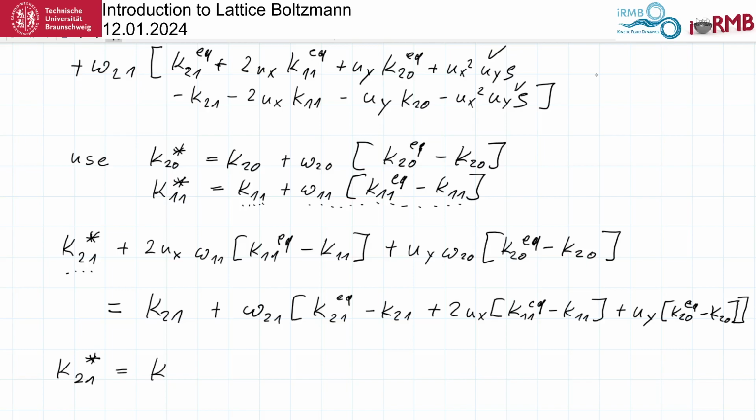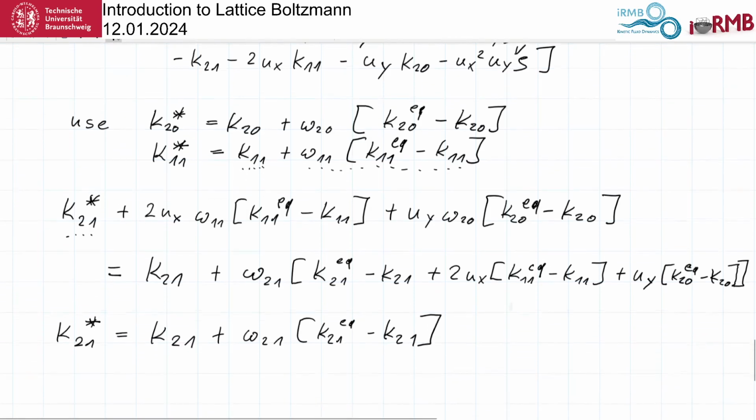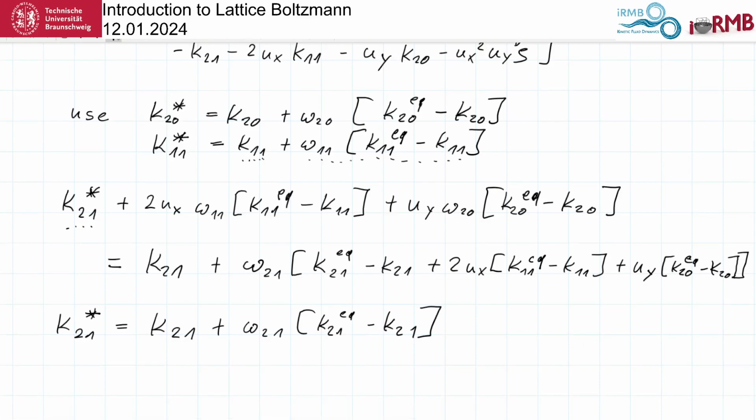We see this can be written now as k 2,1 plus omega 2,1 times k 2,1 equilibrium minus k 2,1. I've taken this part out explicitly because this is the relaxation in the Lagrangian frame.